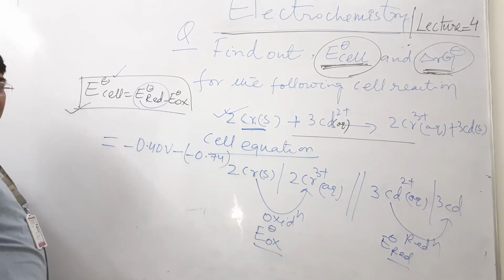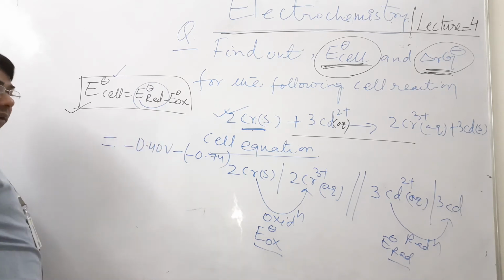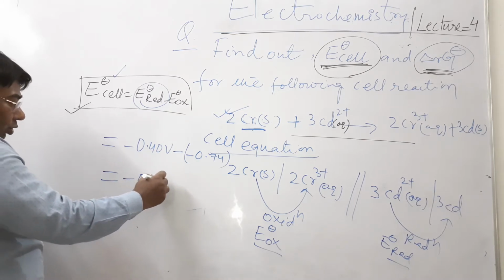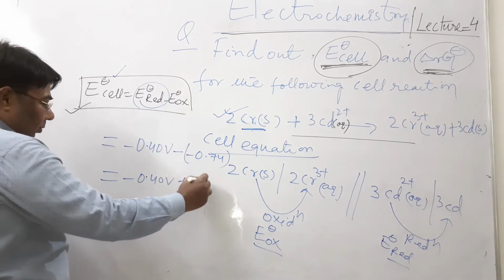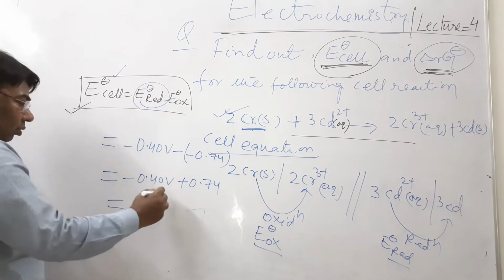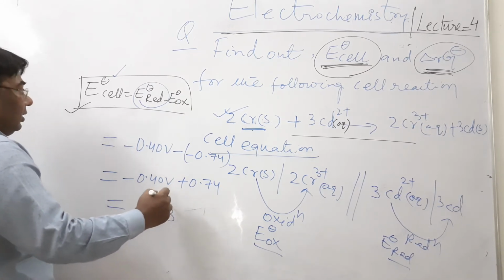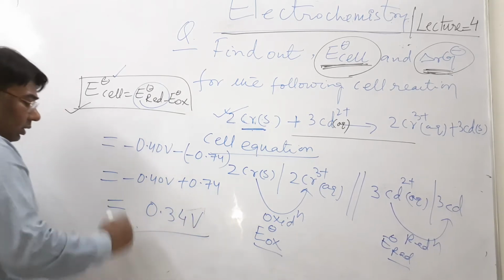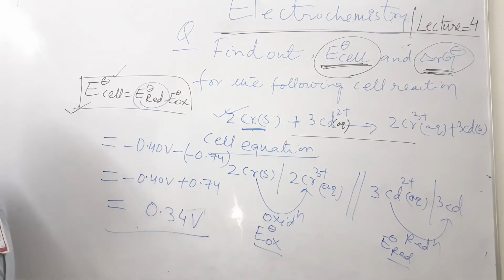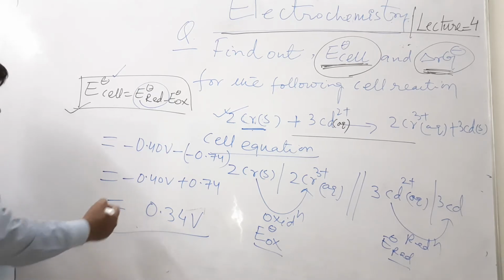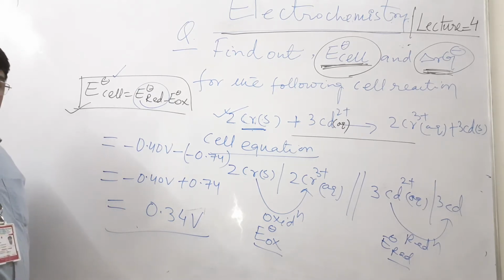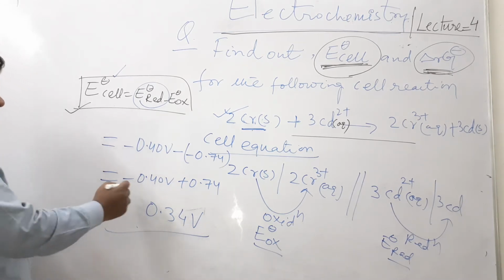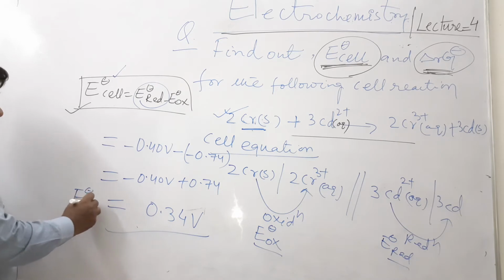No need to change anything; simply put in the given values: minus 0.40 volt minus minus 0.74 volt. After calculation, the standard cell potential is 0.34 volt. A plus value shows the cell is working, that it is feasible or spontaneous. I think you can find the E naught cell value in this way.